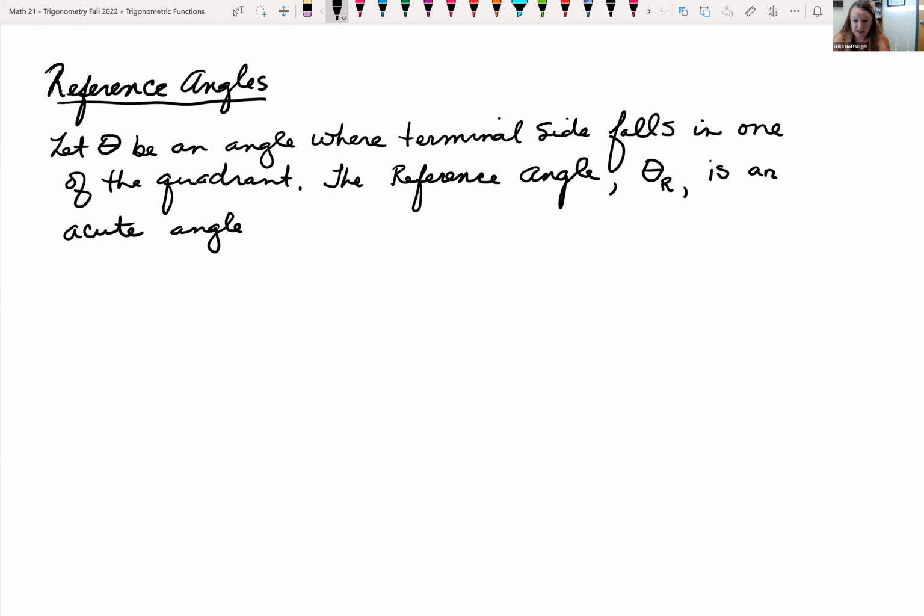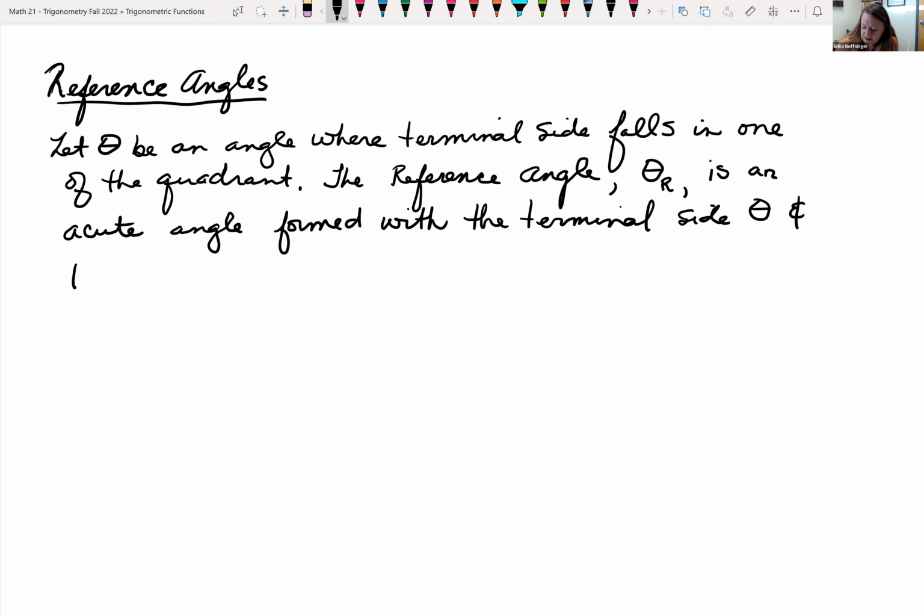So it's an angle between 0 and 90 degrees, not including 0 and 90, formed with the terminal side of theta and the x-axis.